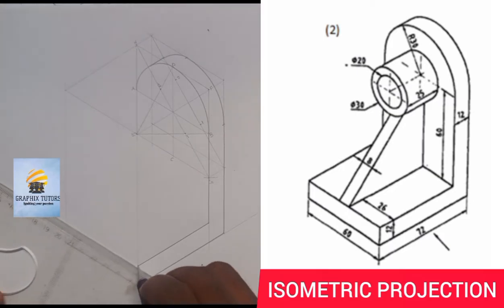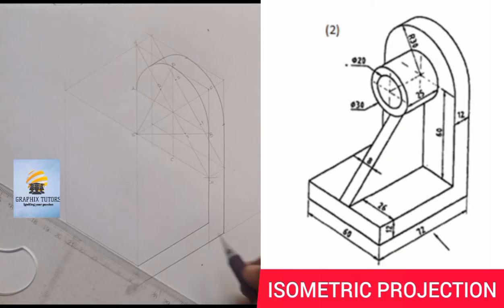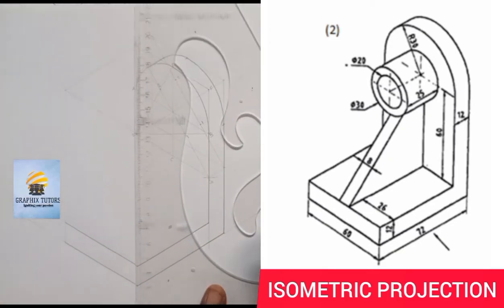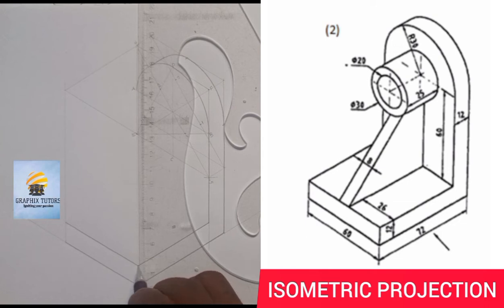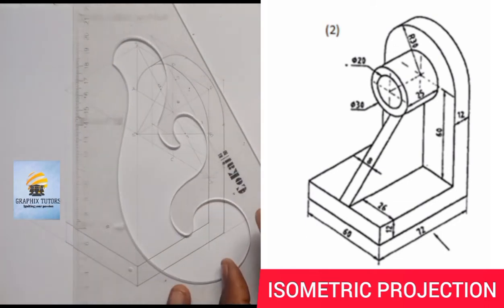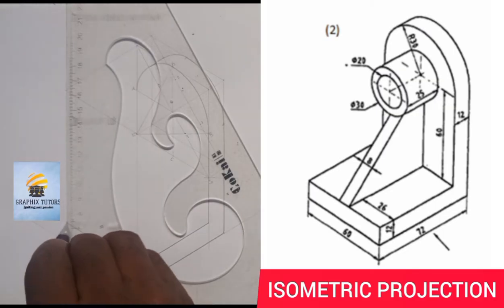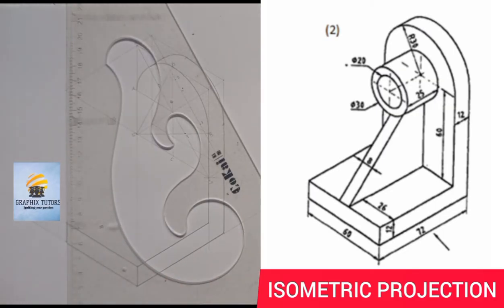Also from here to come to this point. And I can also take in from here to here, and also take in from here to here. Hope you can see that.